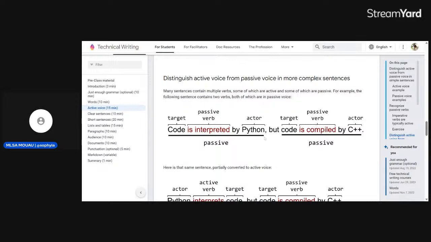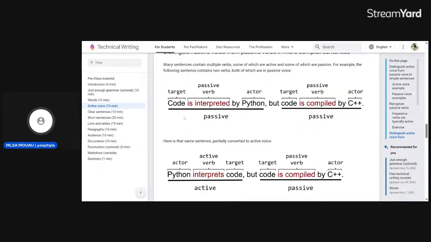For example, here: code is interpreted by Python, but code is compiled by C++. So this is definitely a passive voice because the target is first, the verb follows after, and the actor is at the last.